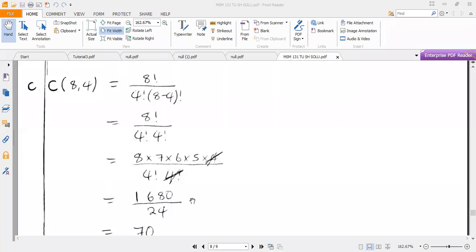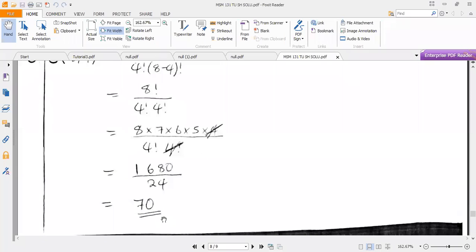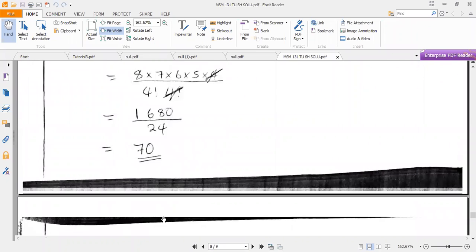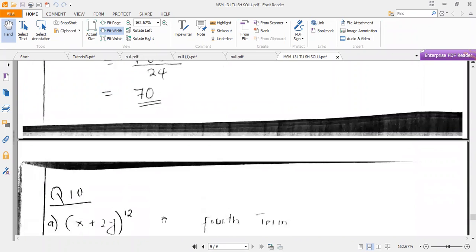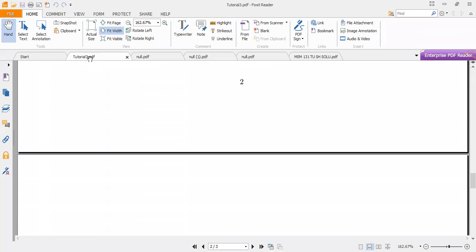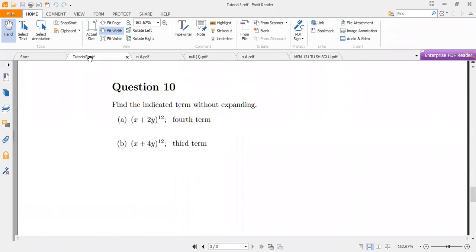Then if we expand those guys, we're going to get 70. So if you have some free time, make sure you go through and find 70 as your answer. All right, we proceed to, this should be the last question in your tutorial sheet, yes?